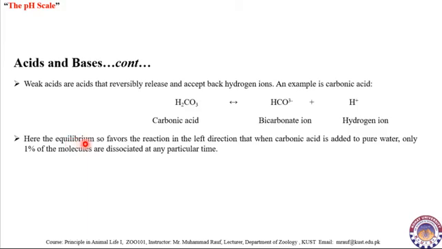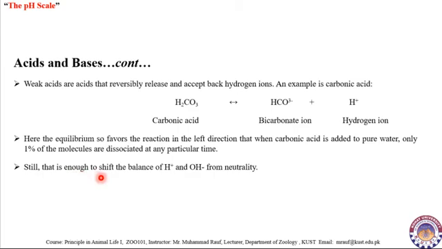Here the equilibrium so favors the reaction in the left direction that when carbonic acid is added to pure water, only 1% of the molecules are dissociated at any particular time. Because the dissociation is extremely low, it is referred to as a weak acid.